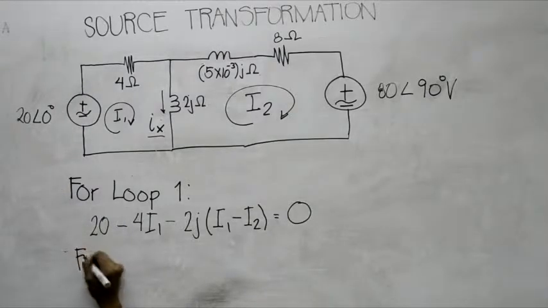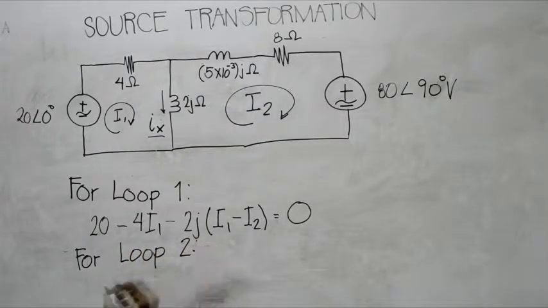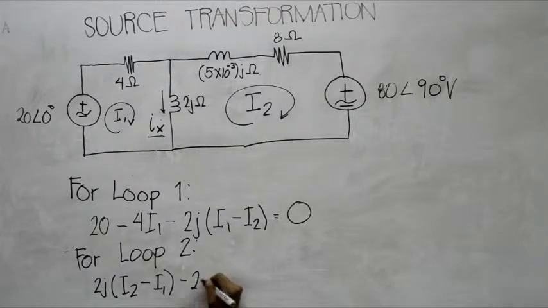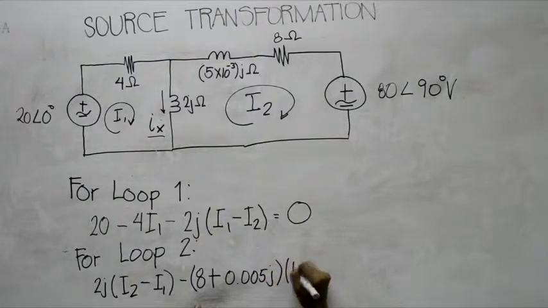So for loop 2, we have 2J (I2 minus I1), and then minus 2J, we have 8 plus 0.005 J I2 minus AB.